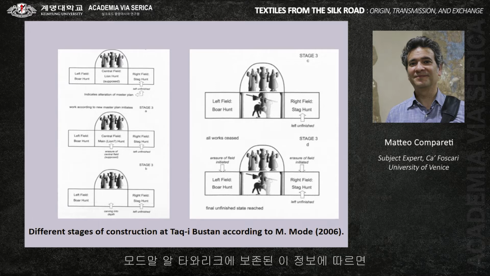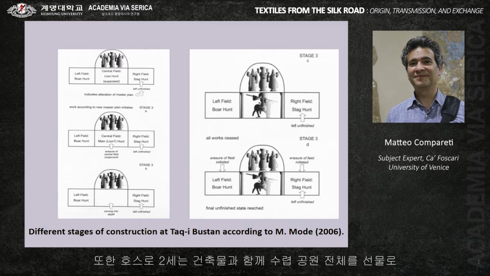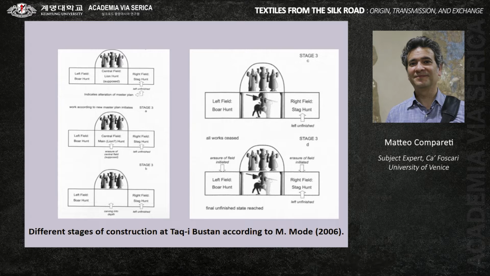So the information preserved in Mujmal al-Tawarikh is telling us that Khosrow II built this place under the supervision of this person that we could identify with Bastam, and then Khosrow gave as a present the whole park, the whole hunting park with this building or buildings, to this man that he respected very much. And we propose to identify this man with Bastam.